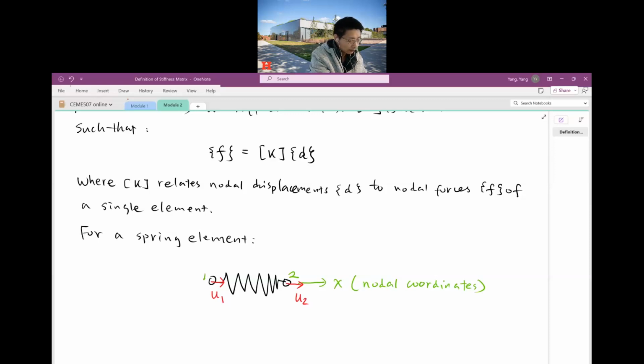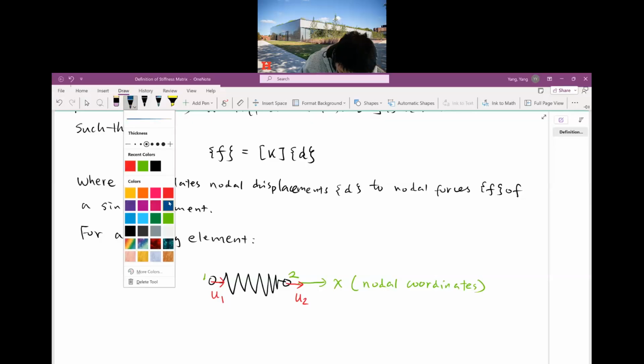Regarding the displacement, similarly, we consider the forces. I'm going to use a different color.